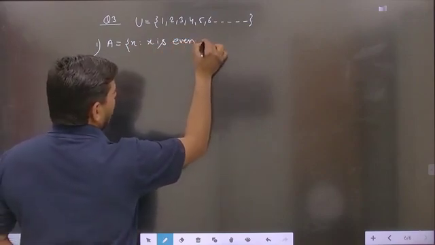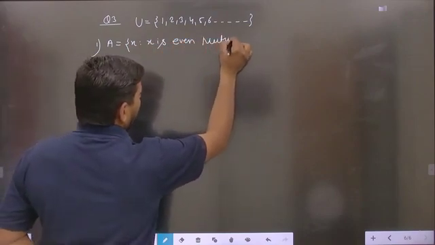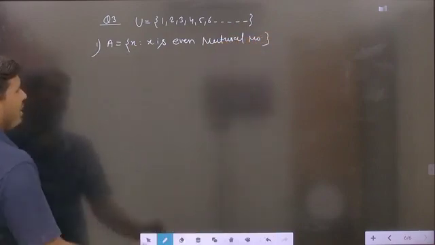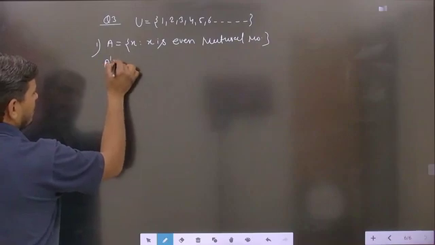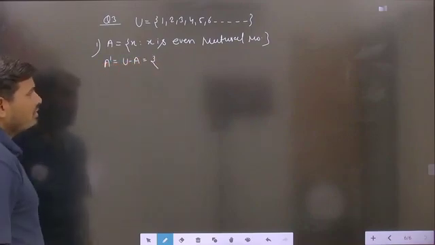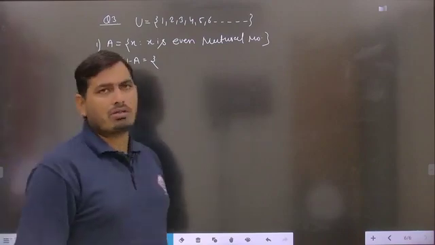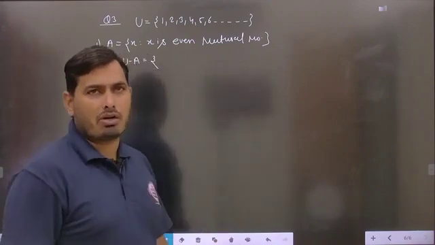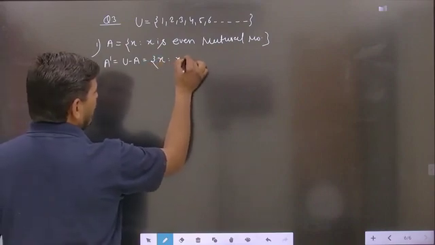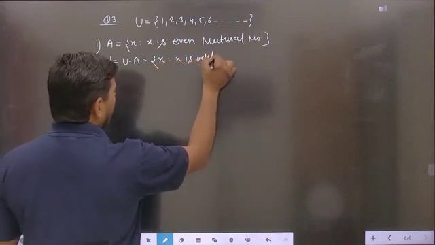No problem student, here you can easily find A dash. A dash is written as U minus A, and U minus A means all the even natural numbers are subtracted from the given set of natural numbers. Then definitely you will get x such that x is an odd natural number.